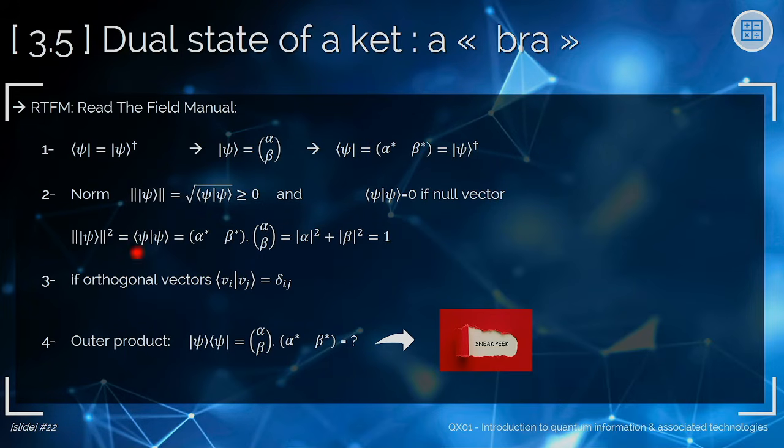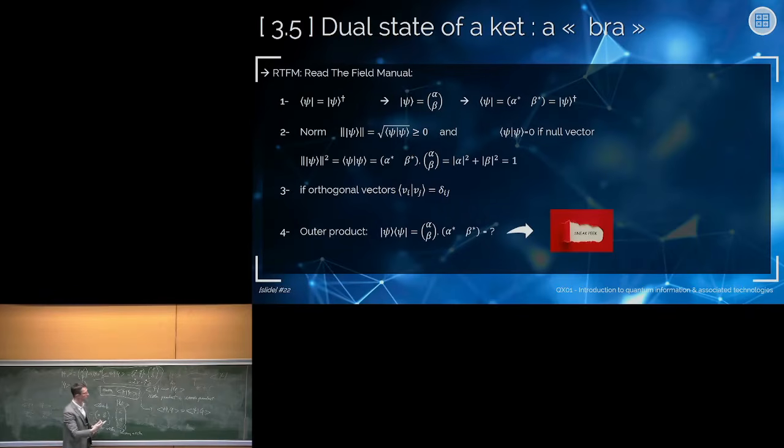Of course, we can introduce a norm, the norm of a vector. The norm of psi would be simply that, which is the equivalent of vector u times vector u, the vector with itself.